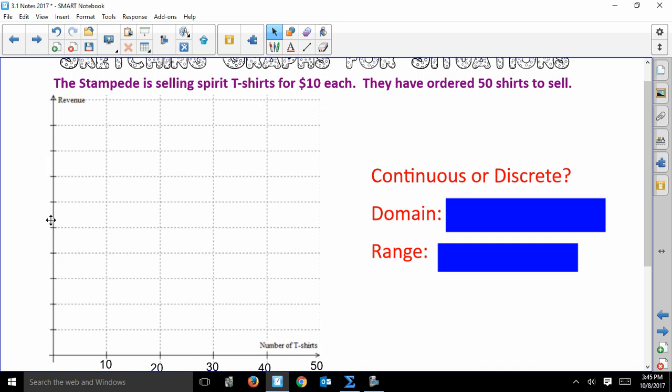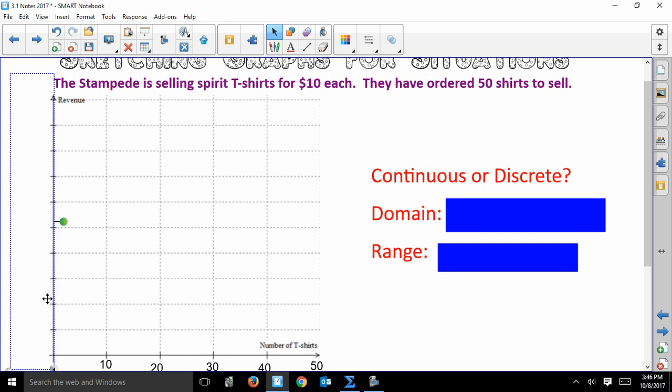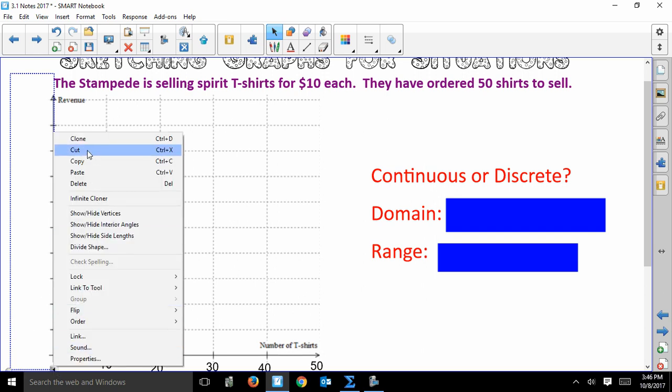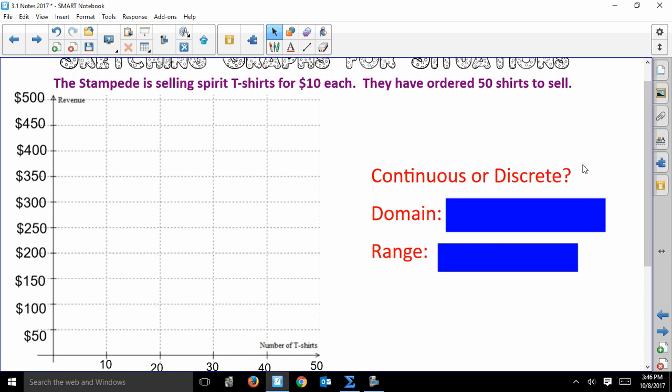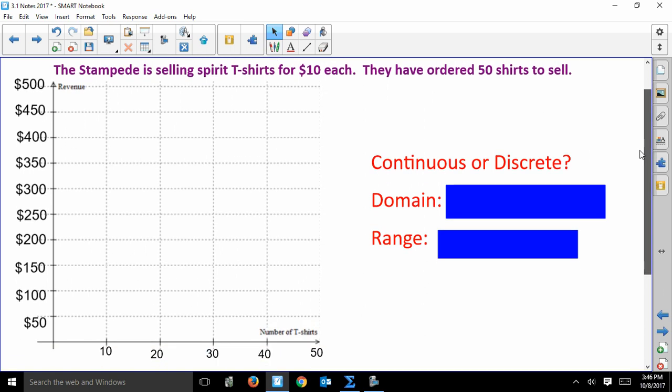So I have 10 tick marks or grid lines, and I could sell up to $500. So I'm going to take 500 divided by 10 and let each of those grid lines represent $50. Okay, all right, so please go ahead and number your graph as well.